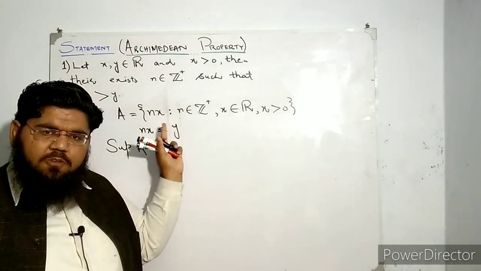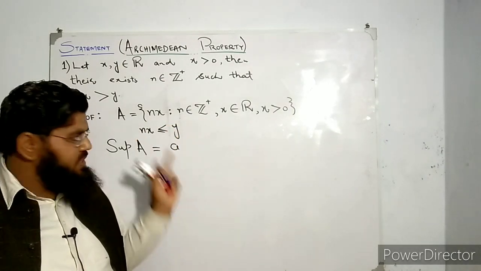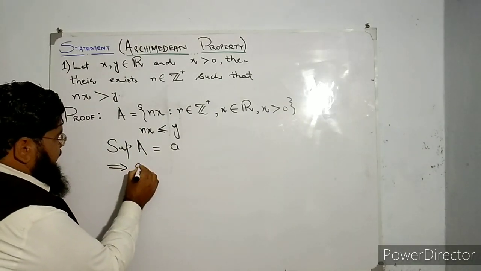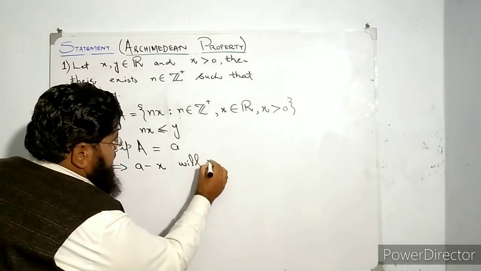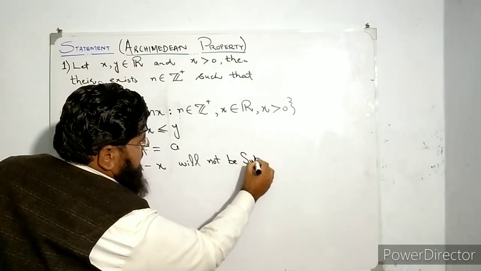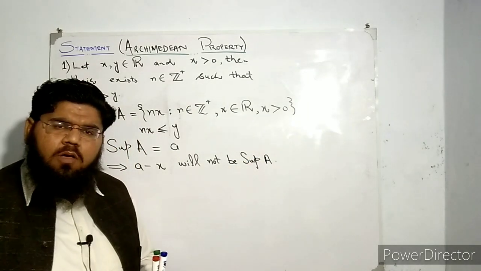Okay, so if you are saying that this small a is the supremum of this set, can I say that a minus x will not be the supremum of A? Of course I can. How?